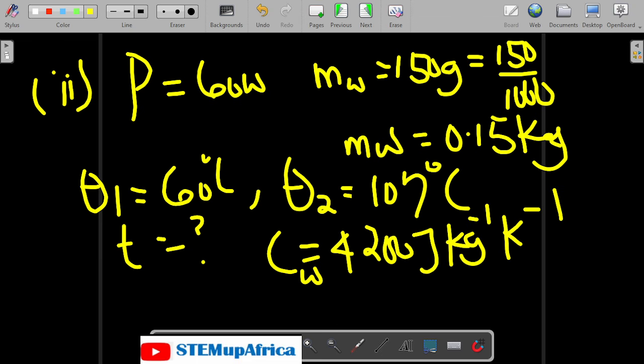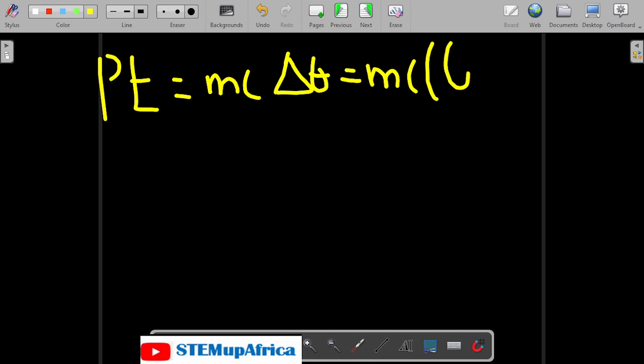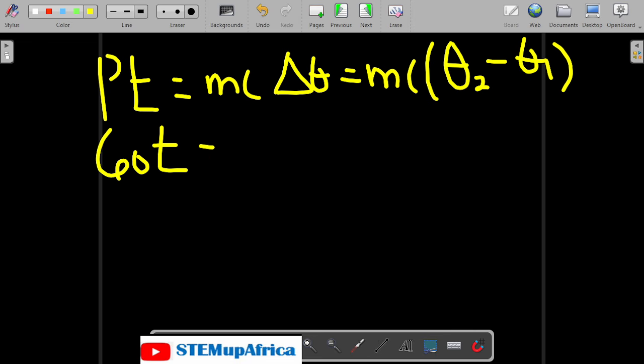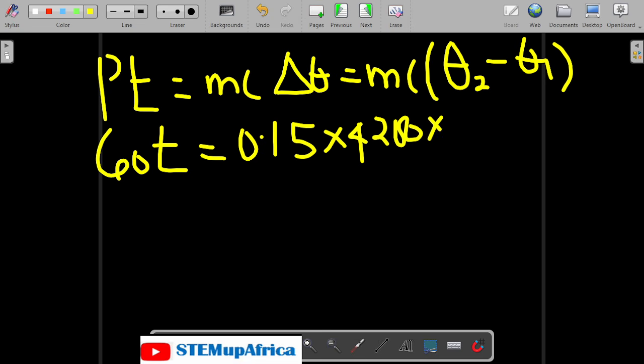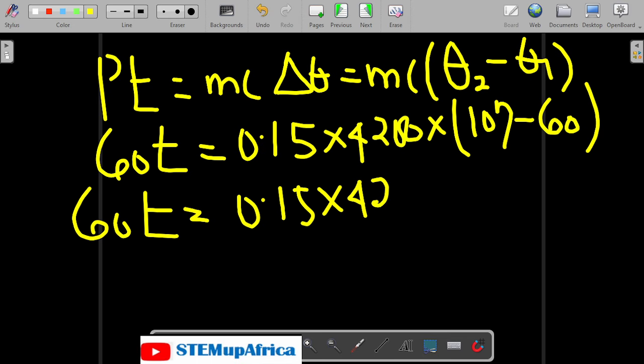So from Joule's law of heating and the specific heat capacity, we have that PT is equal to MC change in temperature, which is MC theta 2 minus theta 1. So 60T is equal to 0.15 times 4200 times 107 minus 60.